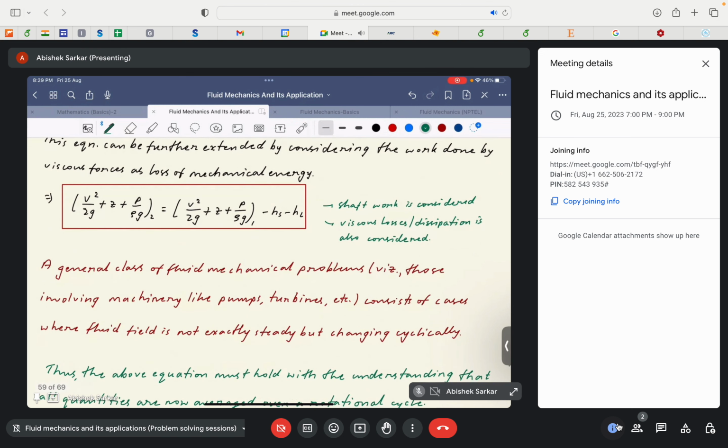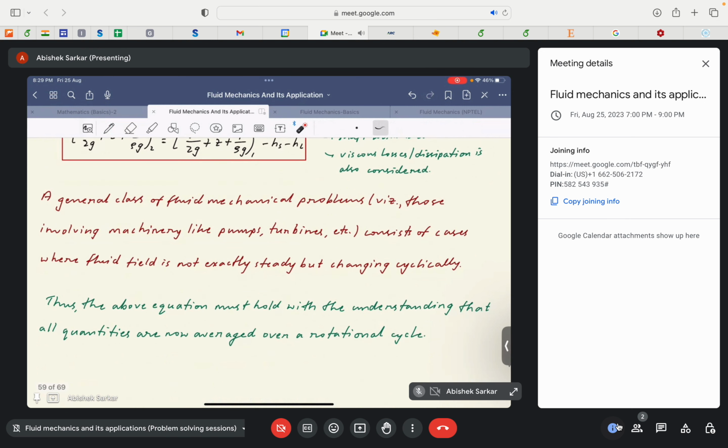Okay, so again, this is a very important statement to support the validity of this form of the equation. Let me just go through it. A general class of fluid mechanical problems, those involving machinery like pumps and turbines, consist of cases where flow is not exactly steady but changing cyclically.